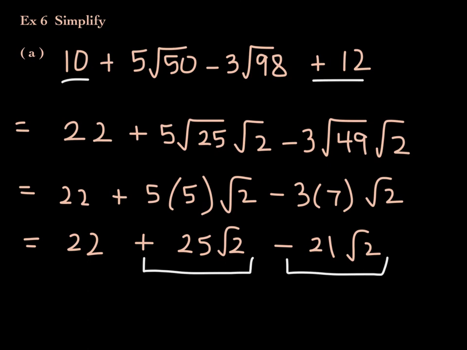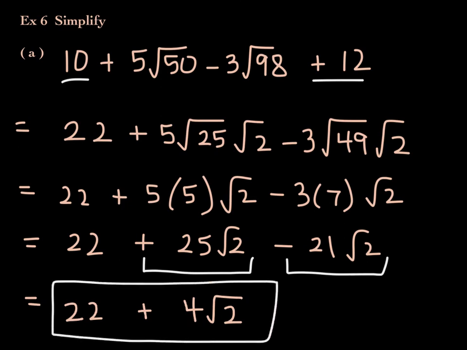The same way you combine like terms. You add or subtract the coefficients. Positive 25 minus 21 is 4. So then I have 4, and then you keep the like part, root 2. So this is your final answer, 22 plus 4 root 2.